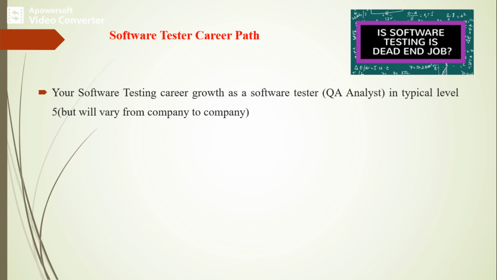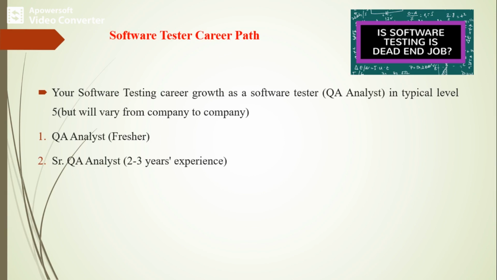Generally, there are typically 5 levels of career path in software testing. The first one is quality analyst. When you join as a fresher, you will be the quality analyst, working as a software tester at the base level. After 2 to 3 years of experience in the software testing domain, you will be the senior quality analyst.